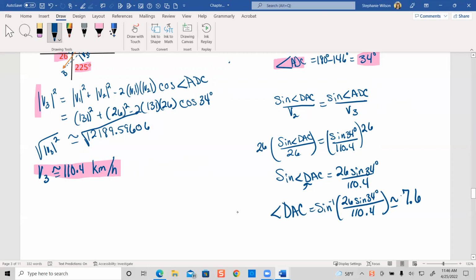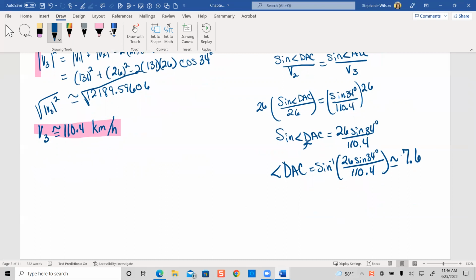Finally, we're going to add the measure of DAC to the original bearing. So the original bearing was 79 degrees. We're going to add the 7.6 degrees to it, and we get 86.6 degrees. Therefore, the plane's actual bearing is approximately 86.6 degrees.